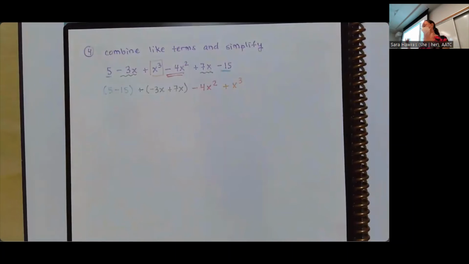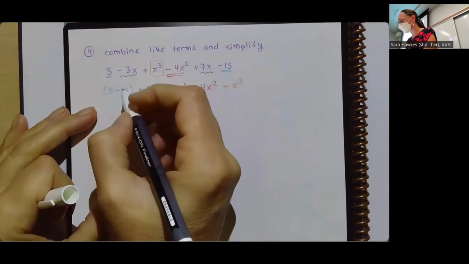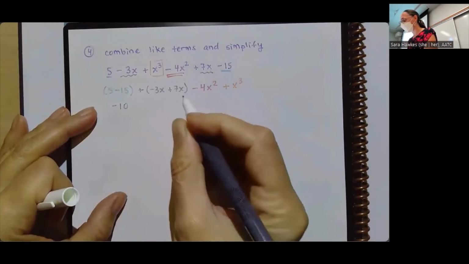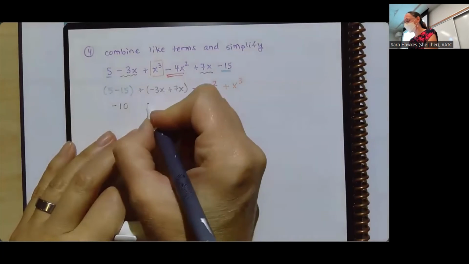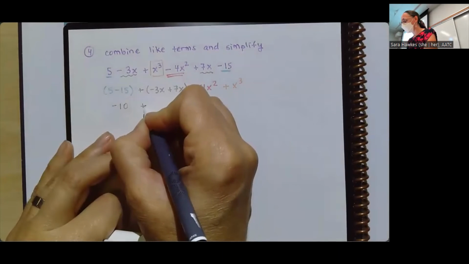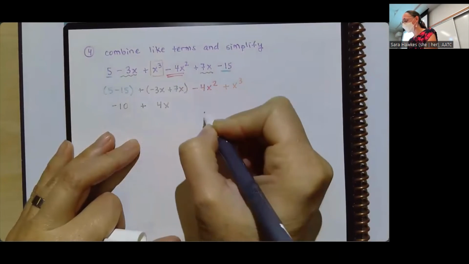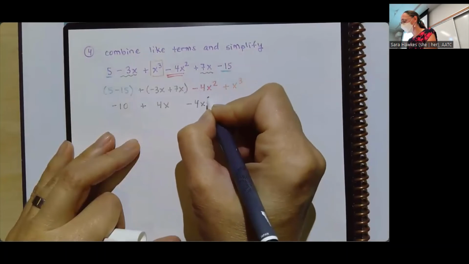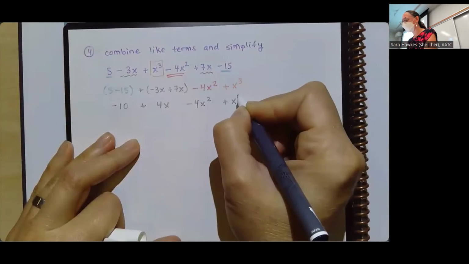So that's me grouping the like terms together. And I'm going to simplify each of those. So 5 minus 15 is going to leave me with negative 10. Negative 3x plus 7x gives me a positive 4x. And then I have a minus 4x squared and a plus x cubed.